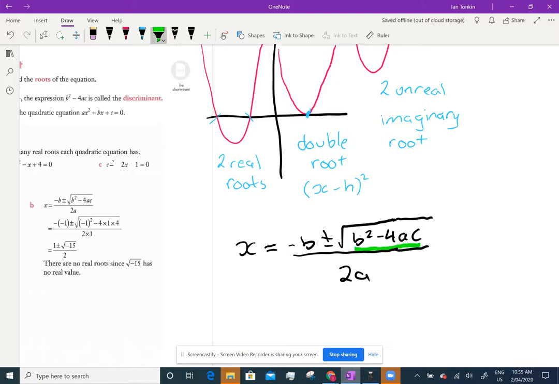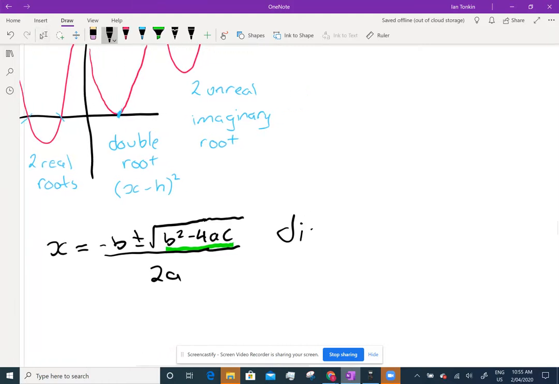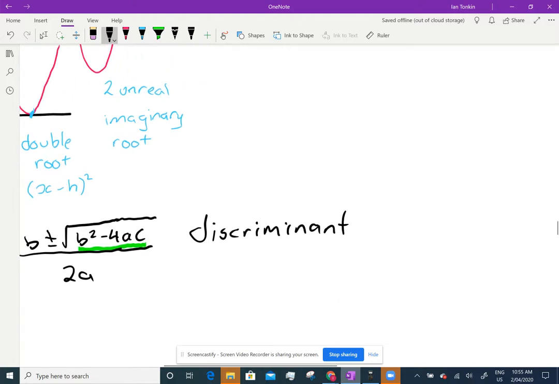This is what's going to determine how many we get. We call that the discriminant. The discriminant discriminates between the number of roots. It tells us whether there's two, a double, or two unreal.